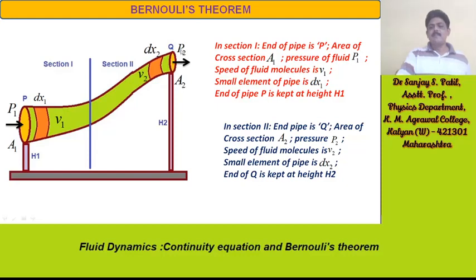The pressure of the fluid leaving end Q is P2 and the small element of the pipe is dx2. End Q is kept at height h2.